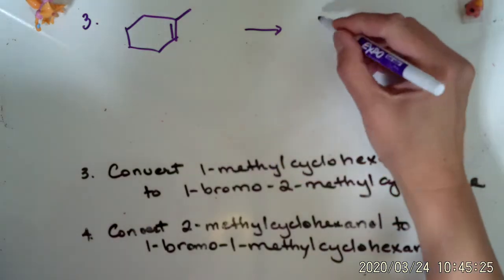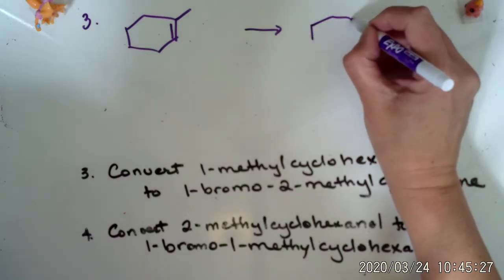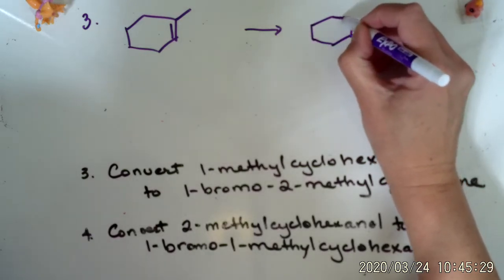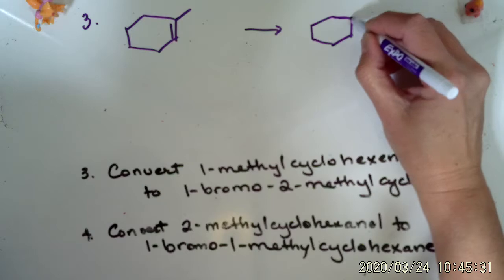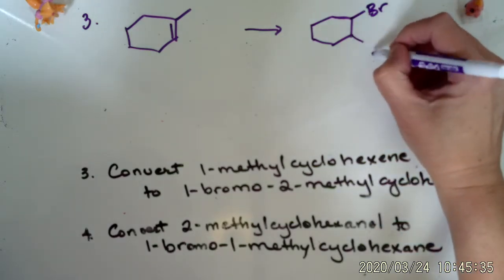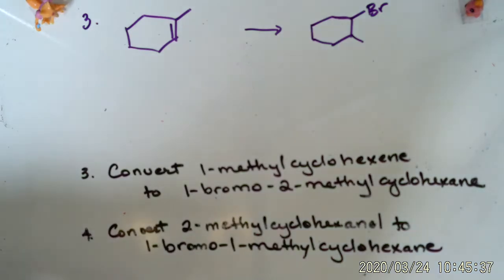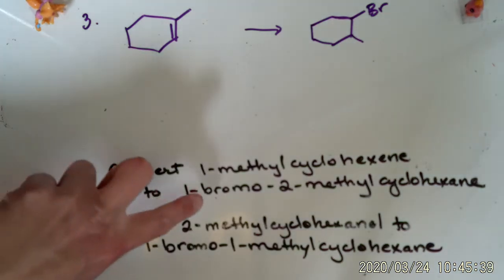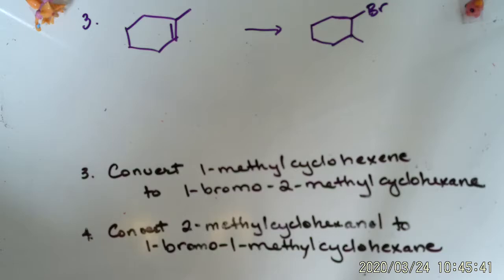To 1-bromo 2-methylcyclohexane. Okay, I'm drawing it this way just because of the name, 1-bromo 2-methylcyclohexane.